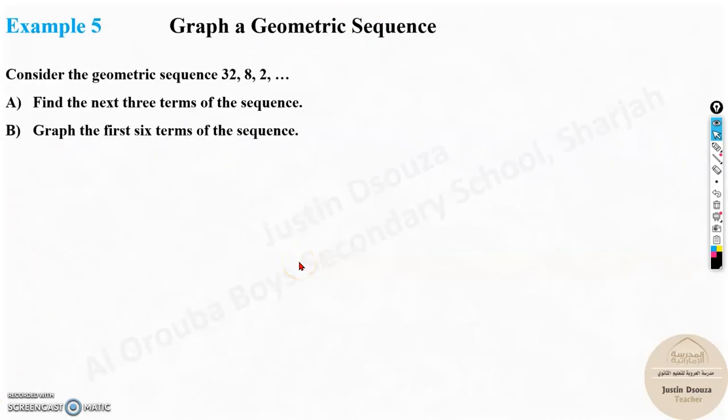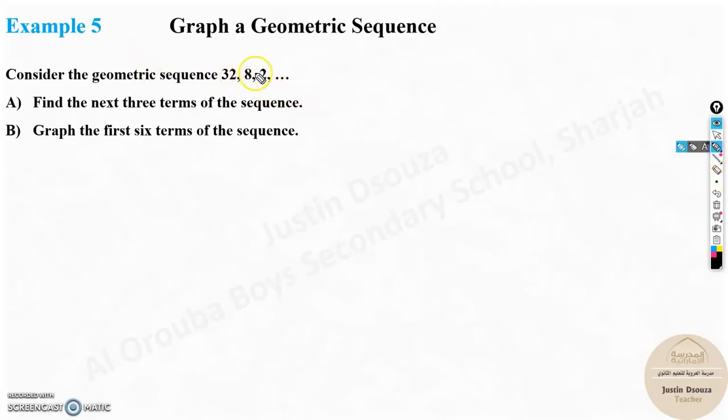Example 5 is to graph a geometric sequence. Similar to what we had done in the previous section where we graphed an arithmetic sequence, the same concept is used over here. The only difference is we need to use a common ratio. Now we are being told to consider the geometric sequence, in this case 32, 8, 2.